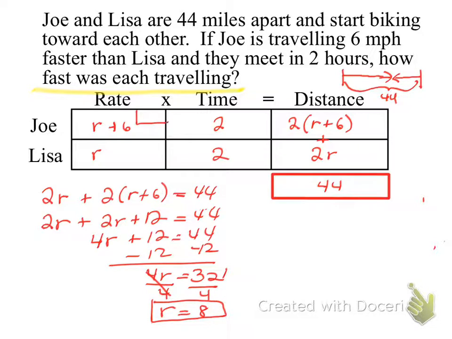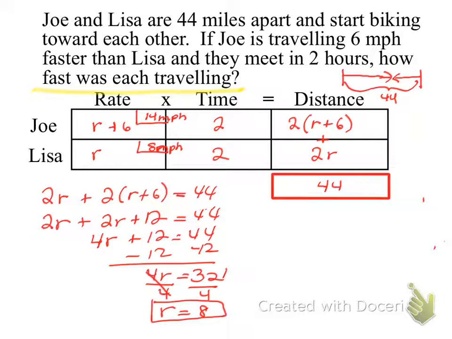And so what is Joe's rate? 14. Okay, because 8 plus 6 is 14. And we are looking at miles per hour. And what would Lisa's rate be? 8.